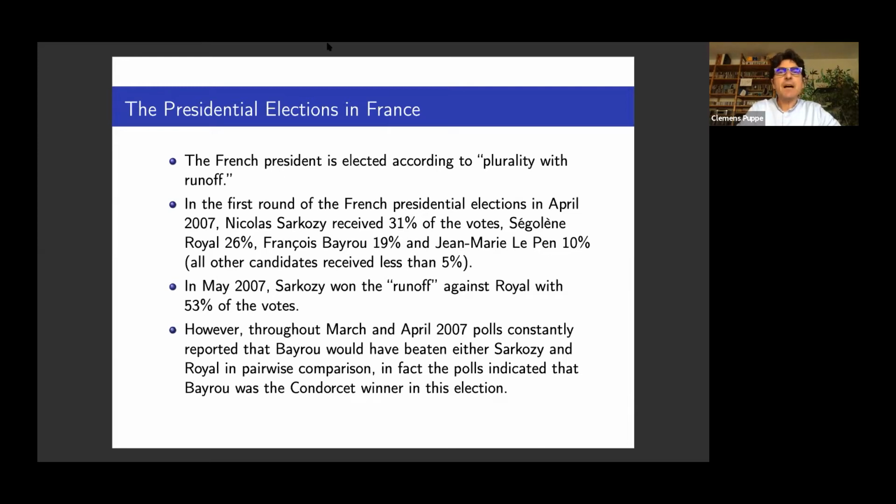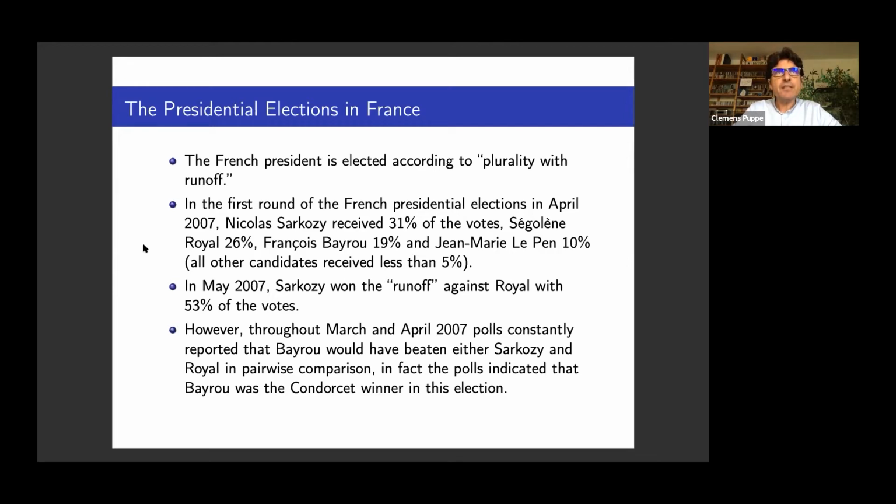Actually, the French constitution says that it is plurality with runoff. And that means the following. There are a number of candidates. Usually in French presidential elections, it's 15 to 20 people who run for president.